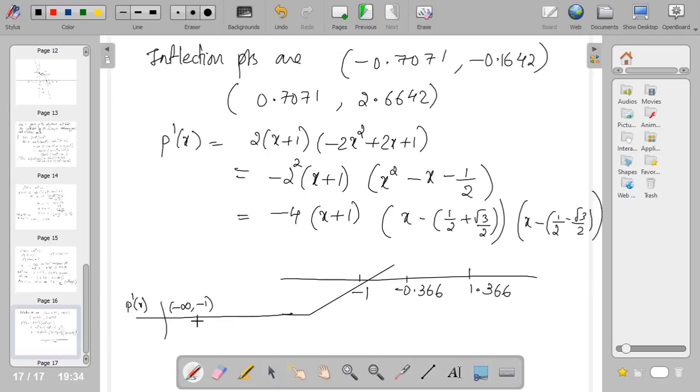The total is going to be positive, so in the first interval it will be increasing.